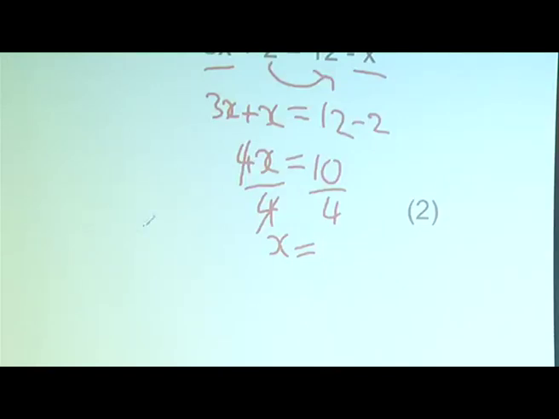This is 10 over 4, and we can write it as 2 and 2 over 4, or we may write it as 10 over 4 or 2.5. We may simplify this to 2.5. That is our answer. It is 2.5.